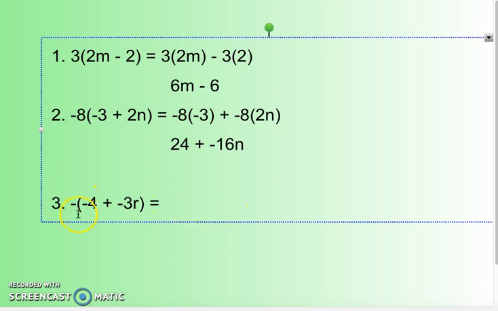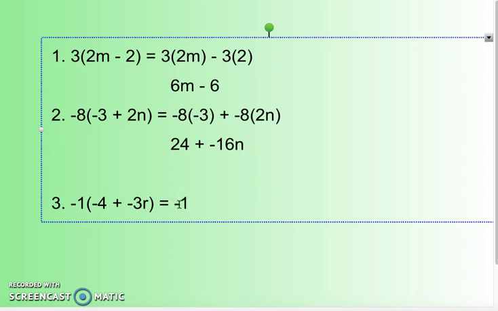Because right now we're multiplying by something that hasn't changed the 4 or hasn't changed the 3. You guessed it right. It's a 1. 1 is the only thing that doesn't change it. So really on the outside of this, it's not a positive 1 because there's a negative symbol there. So really it's -1 times -4 plus -3r.